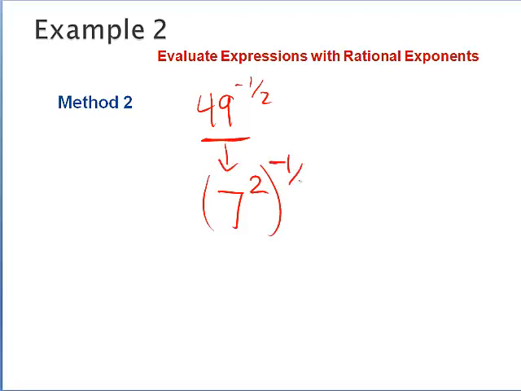Then we leave that negative 1/2 on the outside. And then we do the power of a power as our exponent law. So we multiply those together. And then we just simplify it to 1/7. I don't care which way you do it, I'm just showing that there's multiple ways to get to the same answer.